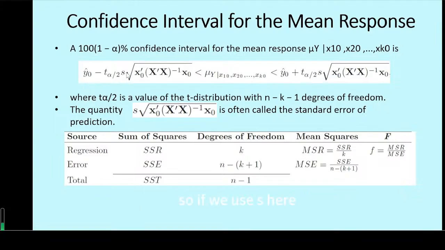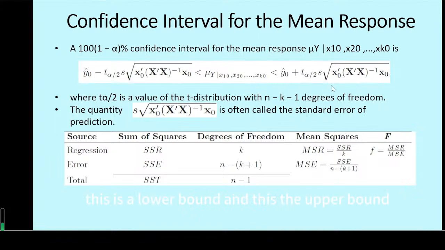If we use s here, we can get a confidence interval for the mean response of y given the x variables. So this is the y hat 0. We fill in, get a point estimate from the equation, minus this term, and this is y hat plus this term.